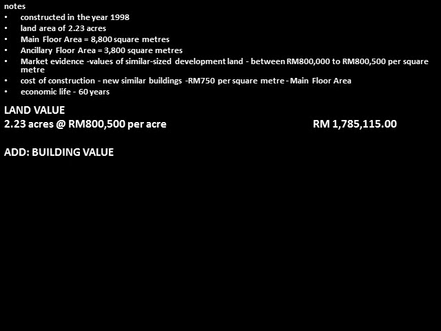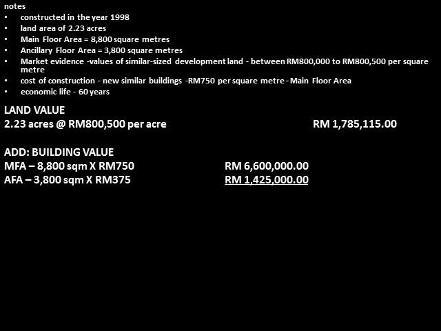Then plus the building value. How to calculate the building value? Because it involves MFA and AFA, we do it separately. MFA first, 8,800 square meters times RM750, which is given. It equals 6.6 million.